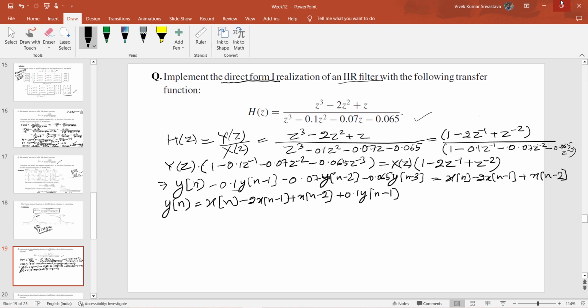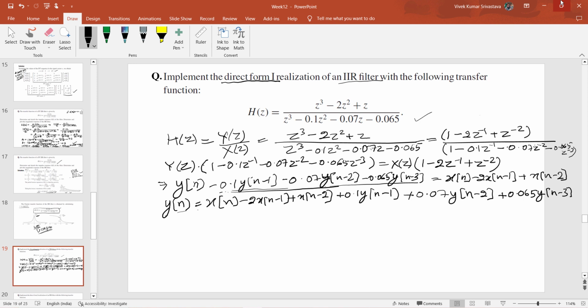So basically I am trying to take these terms to the right hand side. Now we can write the remaining terms here, 0.07 y of n minus 2 plus 0.065 y of n minus 3. Okay, so now by using this we can realize the IIR filter.